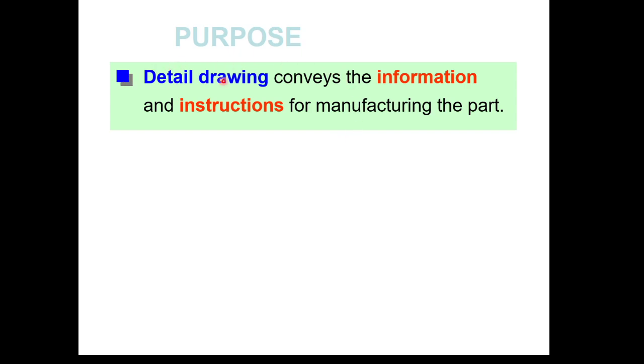Well, a detailed drawing conveys the information and instructions for manufacturing the part. Technicians looking at detailed drawings can achieve reading. Reading means looking at the views, bringing the 3D shape of the object into the mind. And also seeing the given dimensions shown on the page, they can be informed on the size.